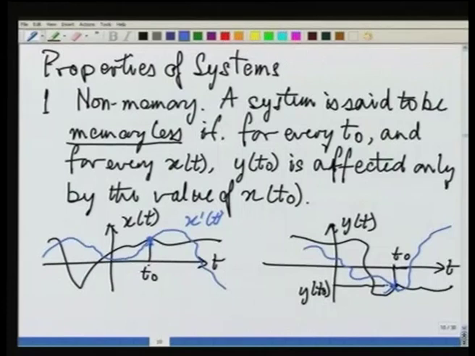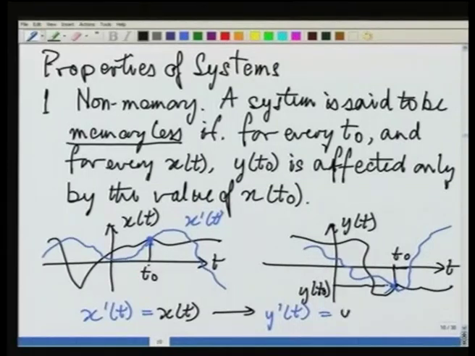Again you see that as long as x dash t equals x t, this ensures that y dash t equals y t at t equal to t naught.